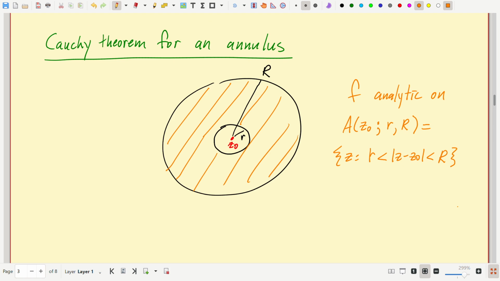Okay, well, we know the Cauchy theorem for circles on a disk. And so this is going to involve circles in the beginning. Let me take... I like my circles to go counterclockwise.